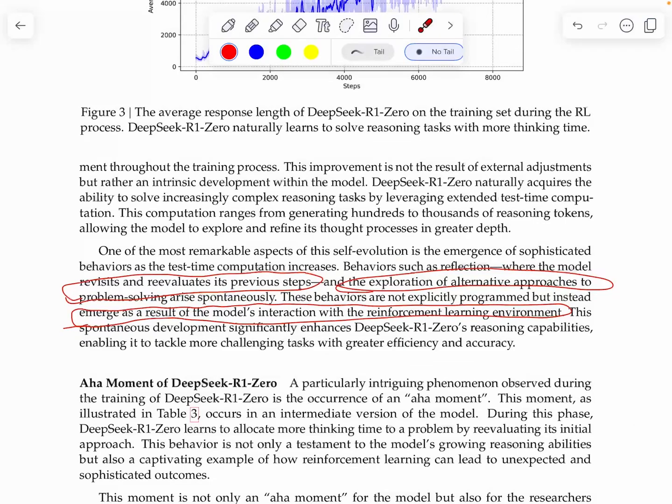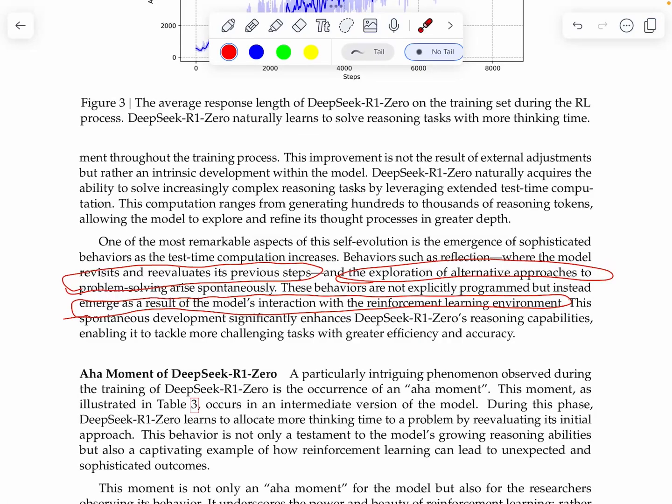We can see that this is also a part of the reflection process. This is just like human beings, where the model revisits and evaluates the previous steps and explores alternative approaches to problem solving spontaneously. This behavior is not explicitly programmed, but instead emerges as a result of the model's interaction with the environment.